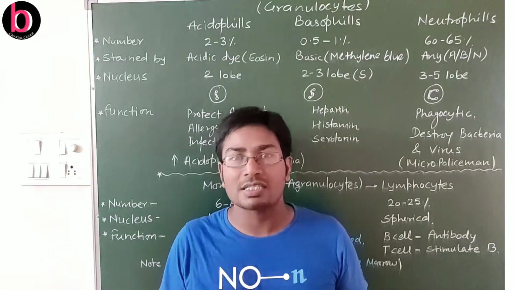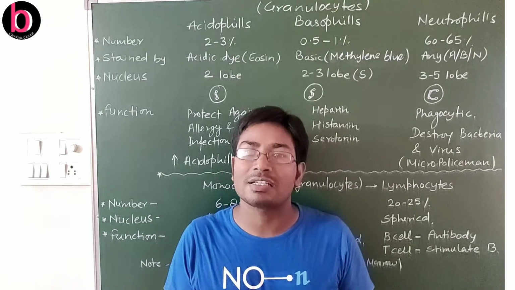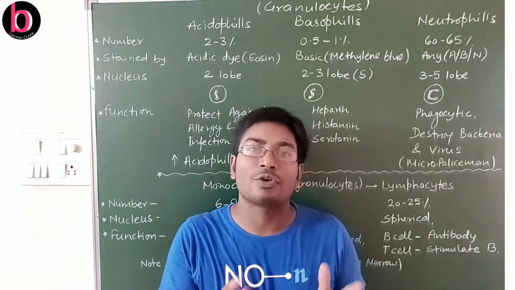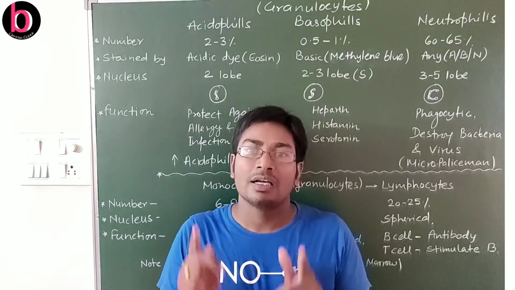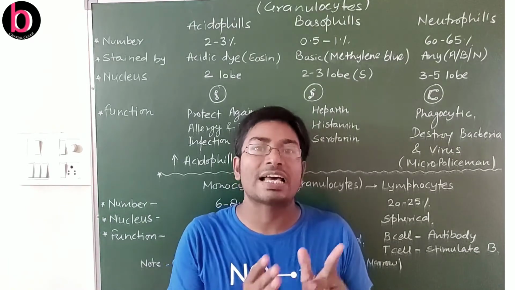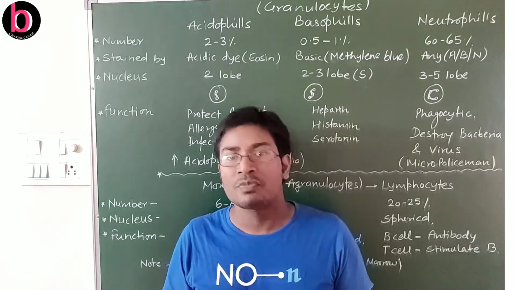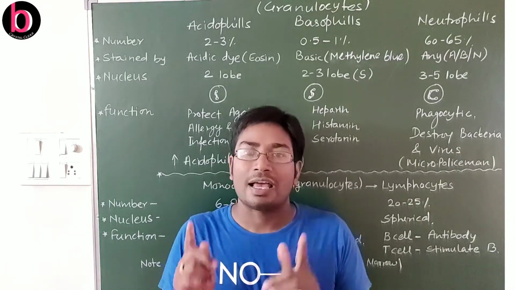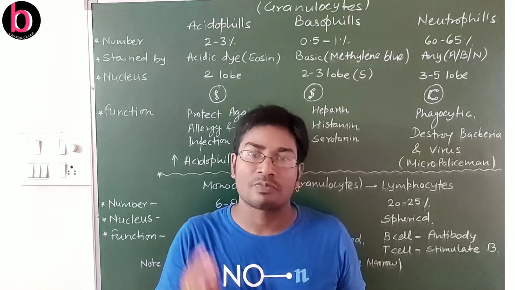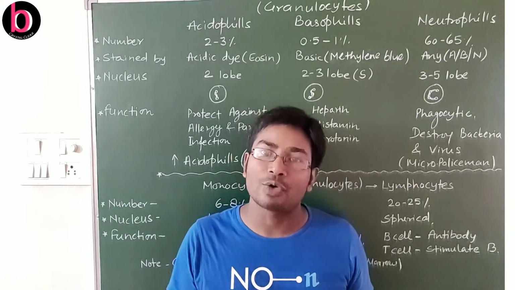We earlier discussed that WBCs are categorized on the basis of their cytoplasmic granules into two parts. These two are granulocytes, which carry cytoplasmic granules, and agranulocytes, which lack cytoplasmic granules. So first, granulocytes.